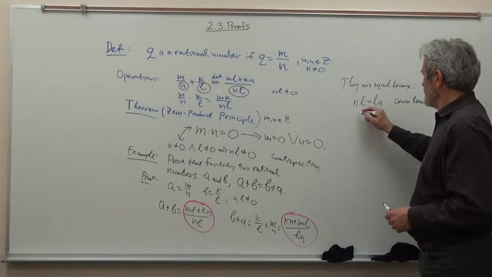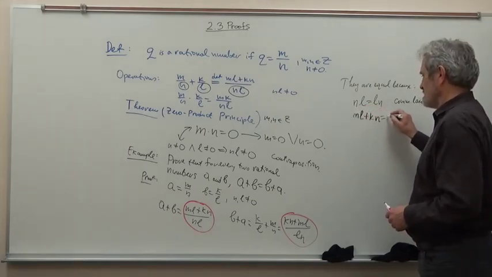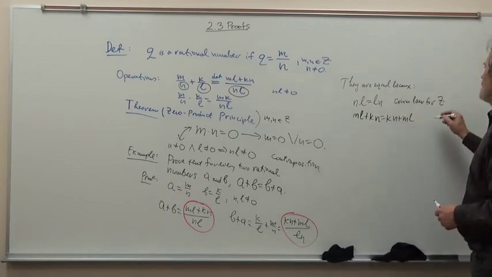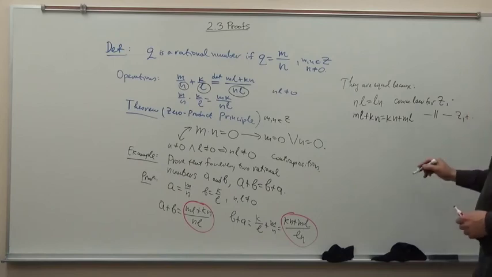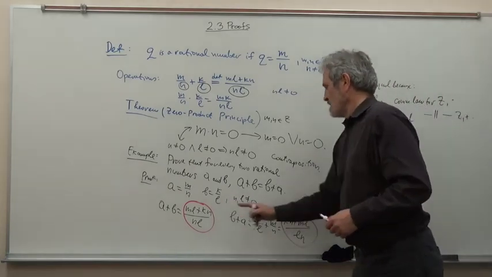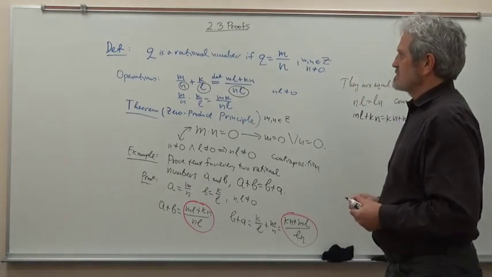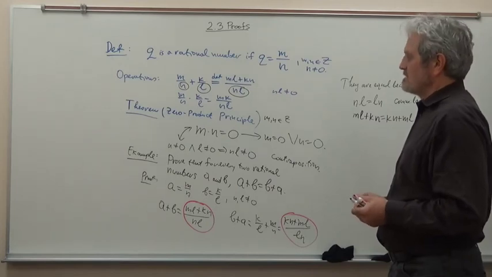And in the same way, ml plus kn is the same as kn plus ml. Again, commutative law for integers, multiplication. This is the commutative law for integers, addition. So since numerators are equal and denominators are equal, according to the equality definition between two rational numbers, they are equal.